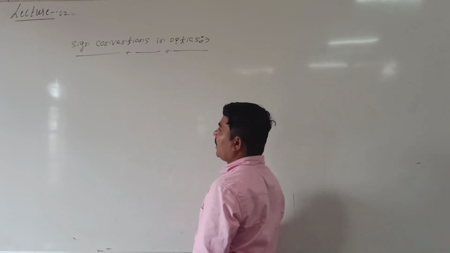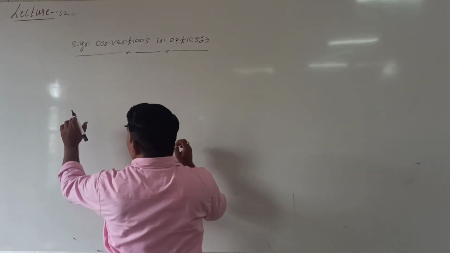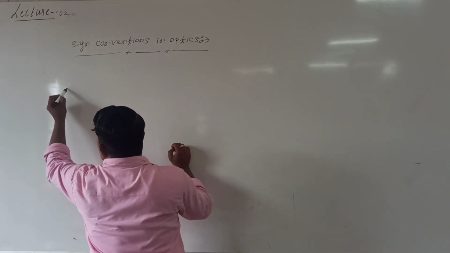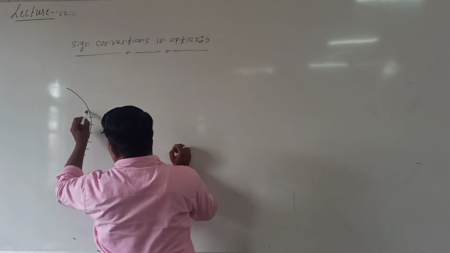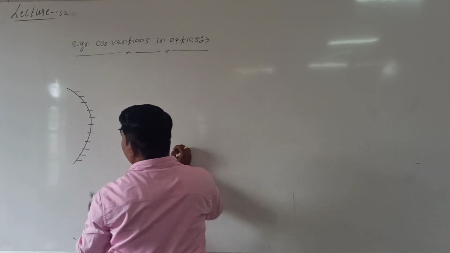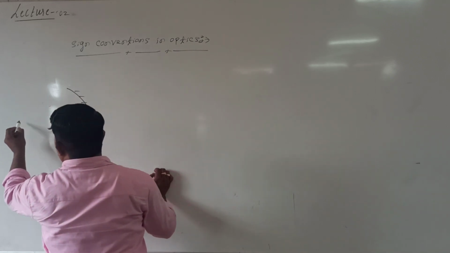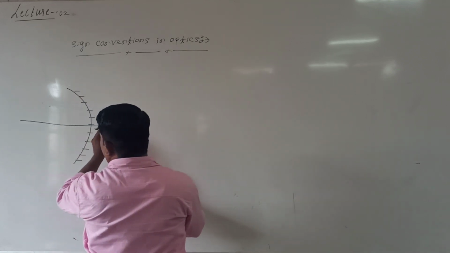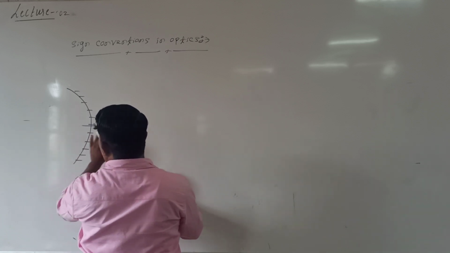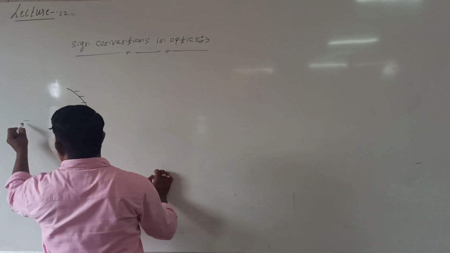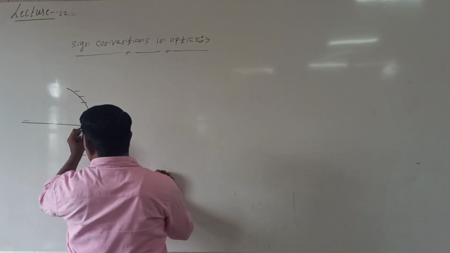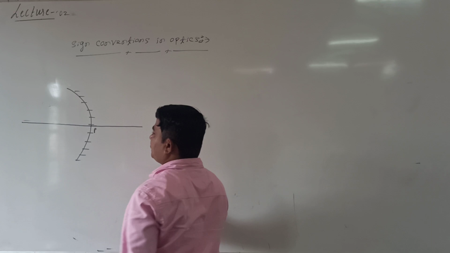Shall I take a concave mirror? I can call this a concave mirror. A straight line passing through the pole, this we call the pole, and the straight line passing through the pole is the principal axis.